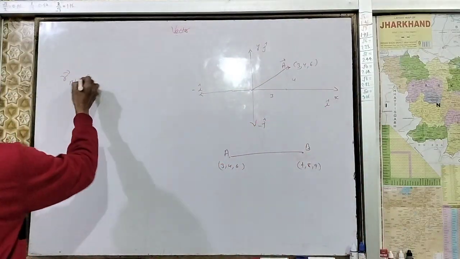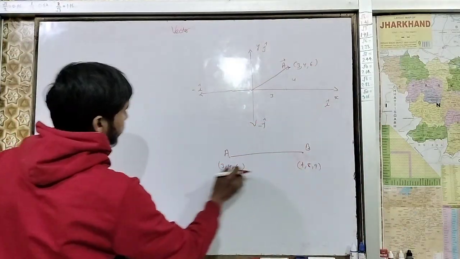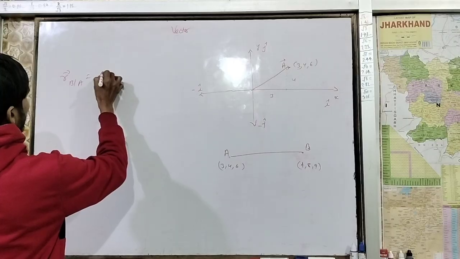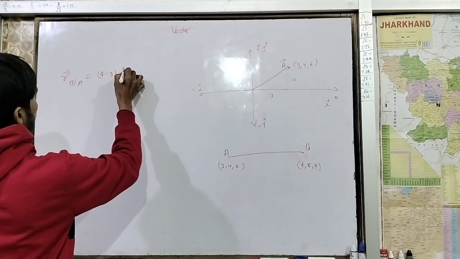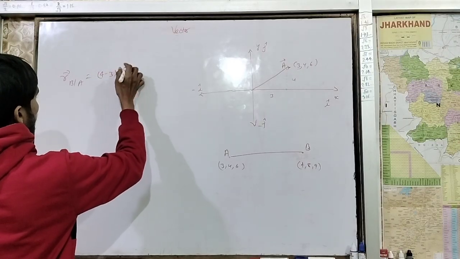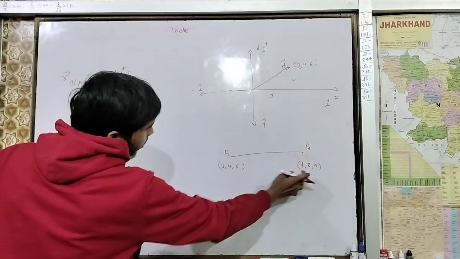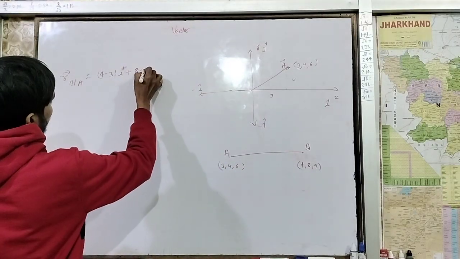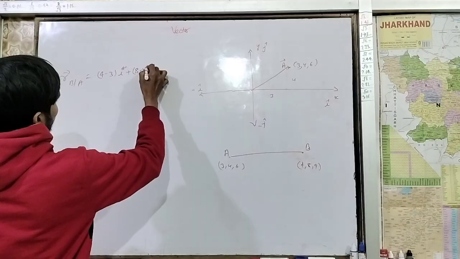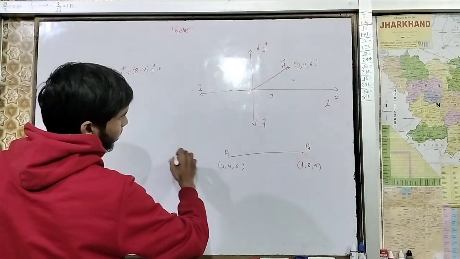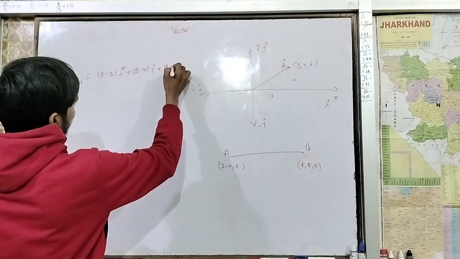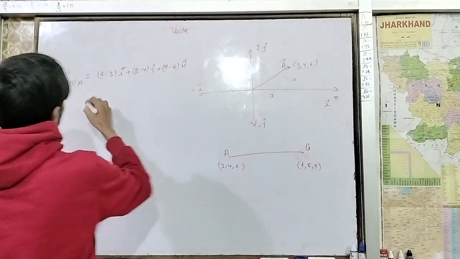So here you would say 4 minus 3 I cap plus 8 minus 4 J cap plus 9 minus 6 K cap.